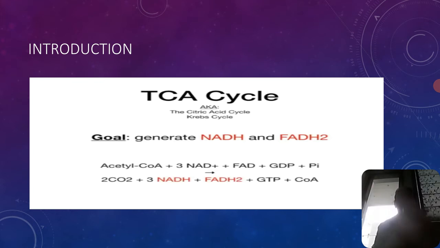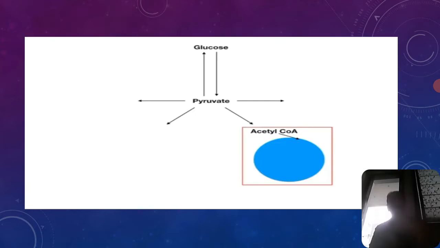Just to see in this equation, acetyl coenzyme A plus 3 NAD plus FAD plus GDP plus phosphate ion will be converted into 2 carbon dioxide plus 3 NADH plus FADH2, GDP and coenzyme A. So let us see one by one.